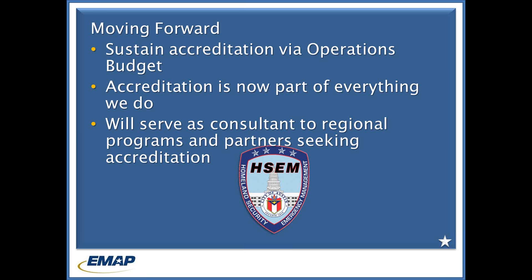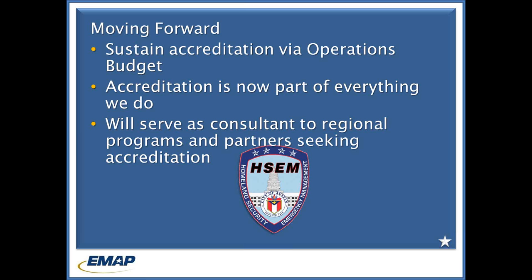Moving forward, we plan to sustain our accreditation via our operations budget because we don't have grant funding anymore. So we need to get this tied into our regular budget process, and that's what we're working on. Accreditation is now part of everything that we do.